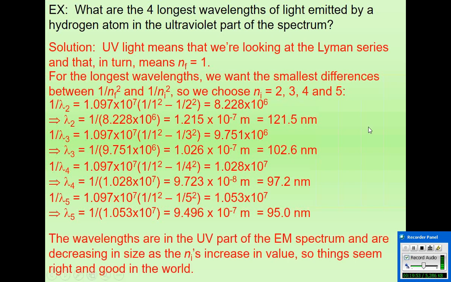These are all in the ultraviolet part of the spectrum, so this is definitely Lyman series stuff. If it were in the visible part of the spectrum, you would find things between about 370 nanometers and 750 nanometers.